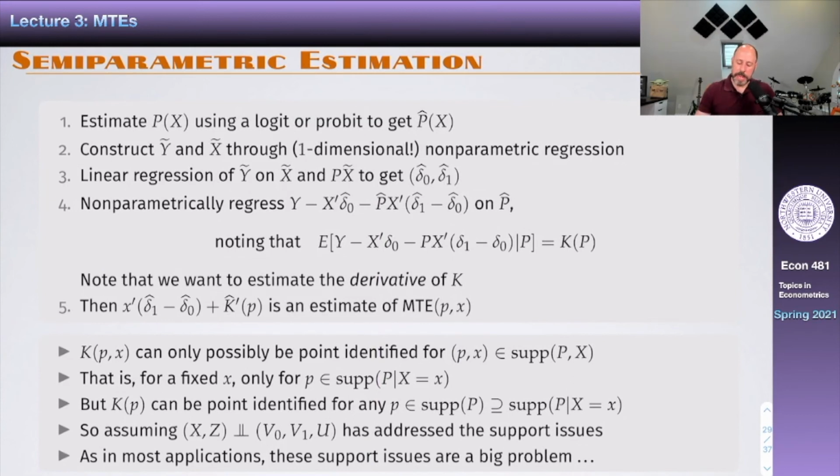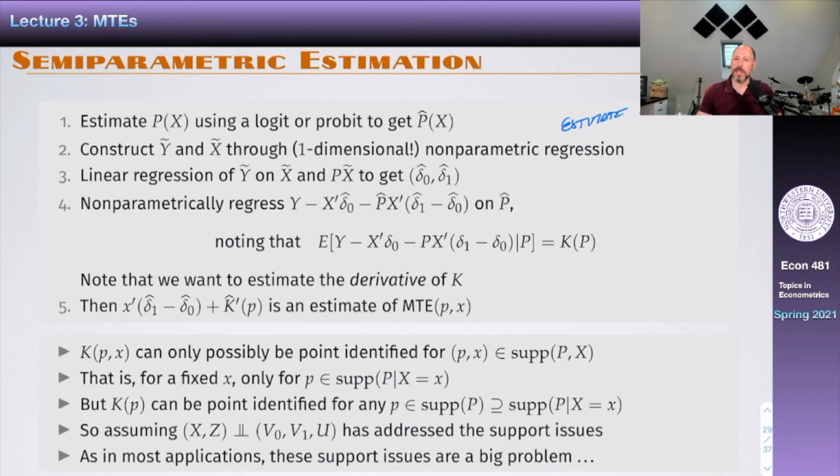So to recap, we're going to estimate P of X, the propensity score, using a logit or probit in this case. But you could do something else. In the paper, they use a logit, I believe. Okay. Once you have that, you're going to construct the tilde versions of the random variables, which requires that you estimate the expected value of whatever conditional on your P hat. Okay.